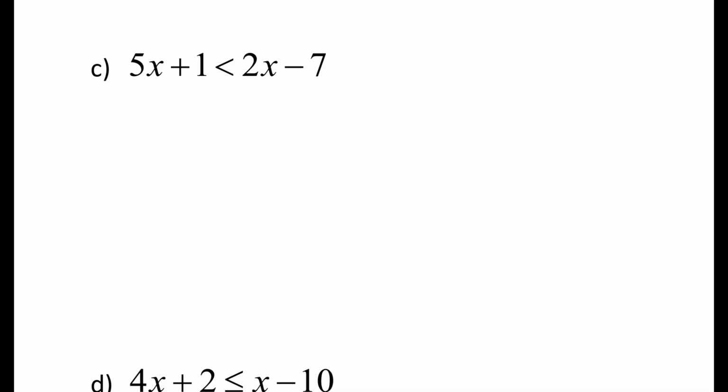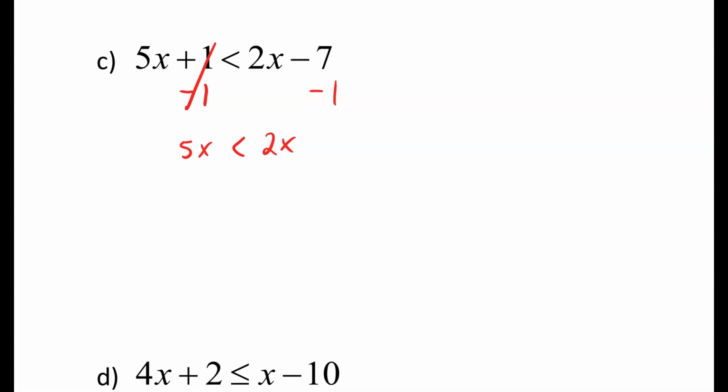So we want to do the opposite of +1, which is going to be -1. So we're subtracting 1 and subtracting 1, canceling it off on the left hand side, leaving us with 5x is less than 2x -7 subtract 1, which will give us -8.